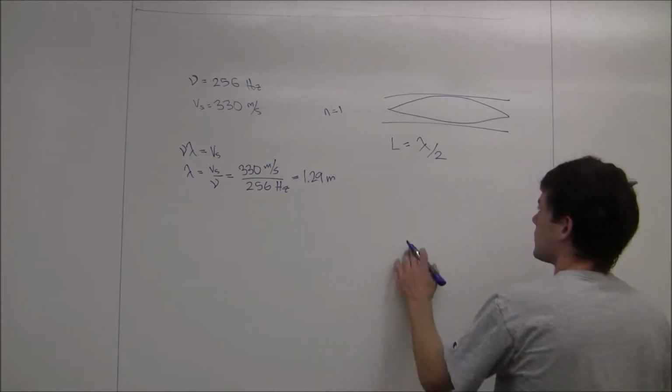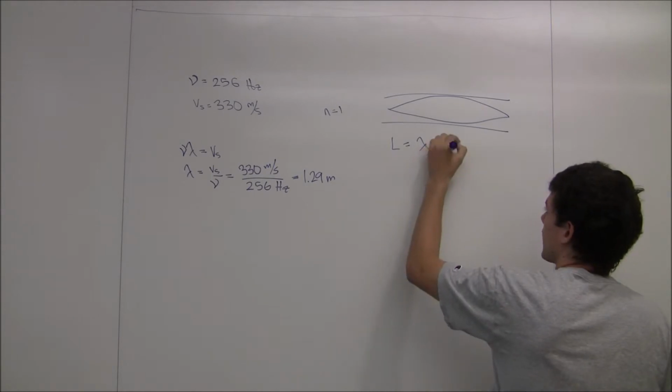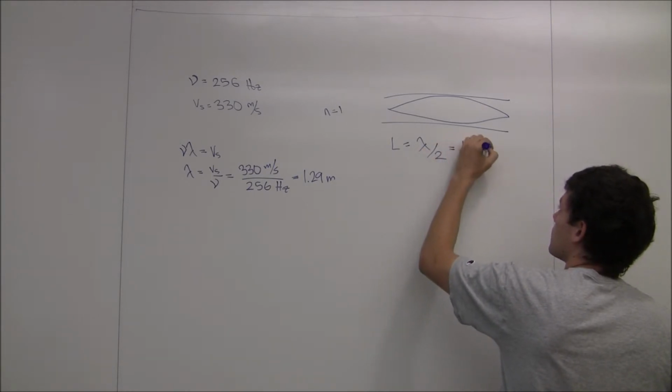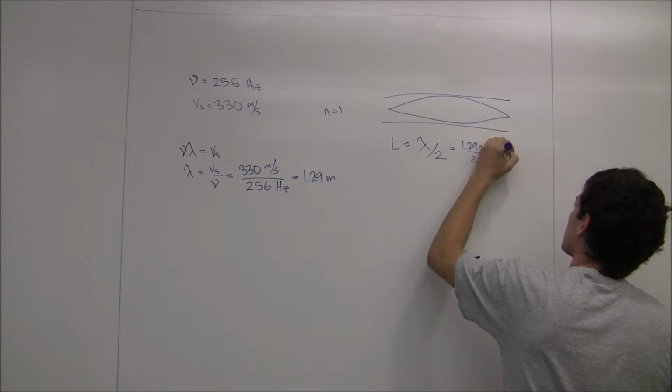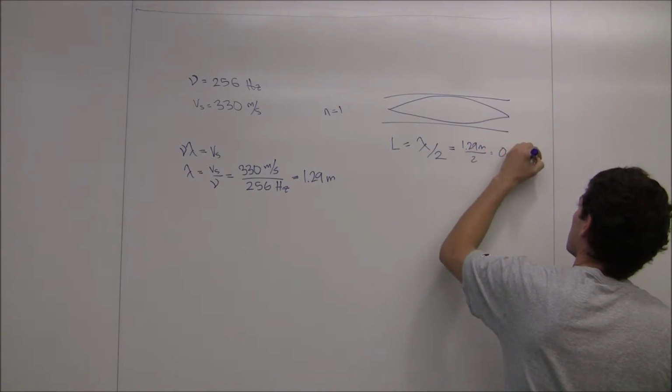So this tells us that L is equal to 1.29 meters divided by 2, or 0.645 meters.